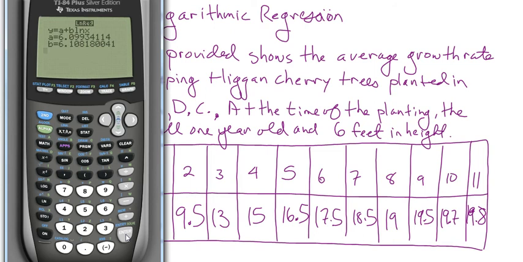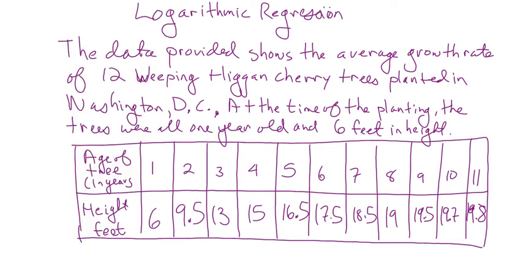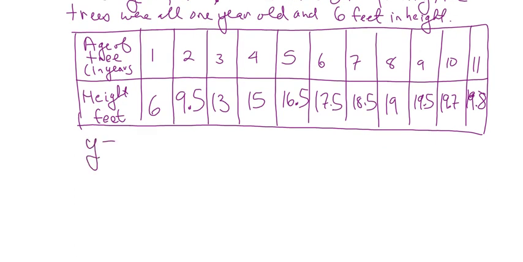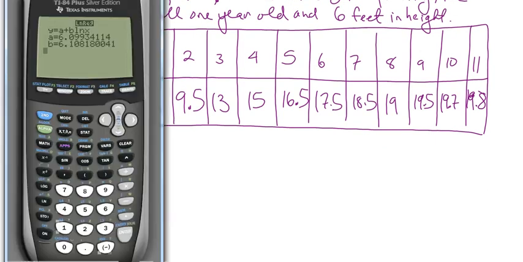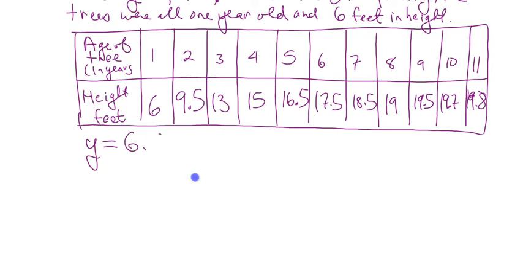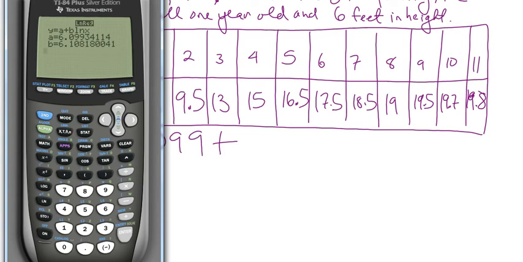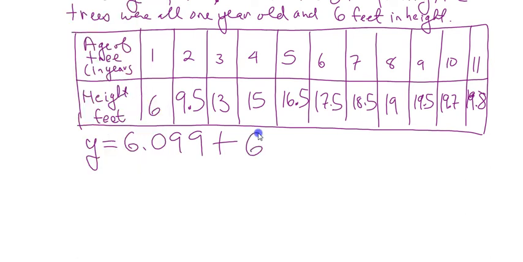So we'll go y is equal to 6.099 plus 6.108x, or sorry, ln x. So I can write that out here: y is equal to 6.099 plus 6.108 ln x.